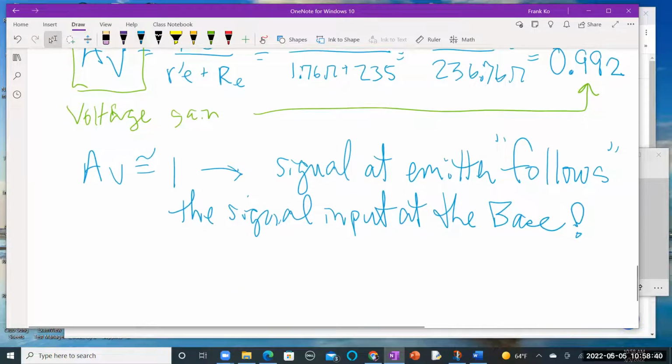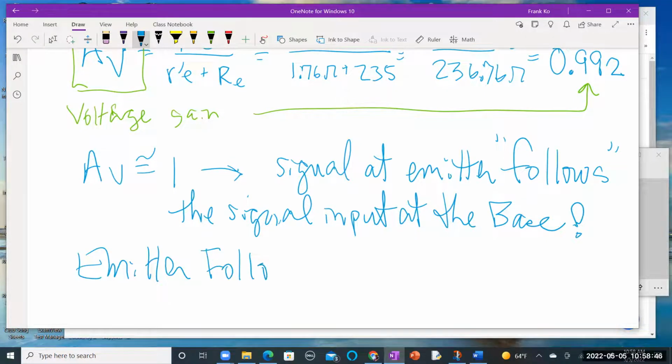That's why these are called emitter follower. That's your rationale, which will be the same as if it's an emitter follower, then that would be a drain source follower.